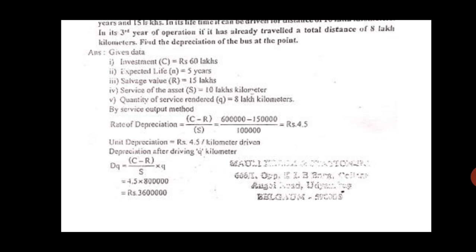We calculated the rate of depreciation as the cost, 60 lakhs, minus salvage value, 15 lakhs, divided by the service life, 10 lakh kilometers. So we get 4 rupees 50 paisa per kilometer driven. Into 8 lakh kilometers, it becomes 36 lakh rupees. So this is the amount of depreciation at the end of 8 lakh kilometers of driving of this Volvo bus. Thank you. So this completes our 5 types of methods to find the depreciation.